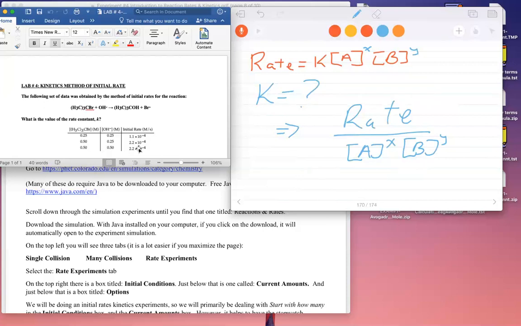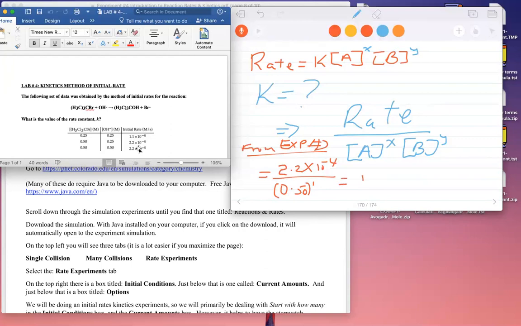So if we plug in experiment 3, you can say 2 times 10 raised to negative 4 over, we know A in experiment 3 is 0.5 raised to 1. And if we raise B, 0.50, it's just going to be that number.